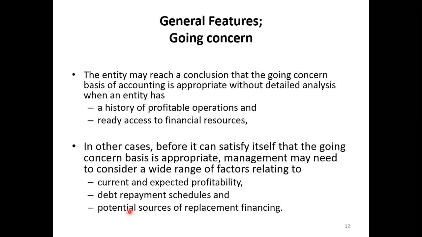In other cases, before it can satisfy itself that the going concern basis is appropriate, management may need to consider a wide range of factors. So current and expected profitability, debt repayment schedules, and potential sources of replacement financing. If they are satisfied on this, they can assume the going concern assumption.